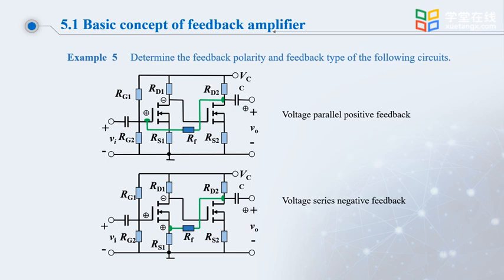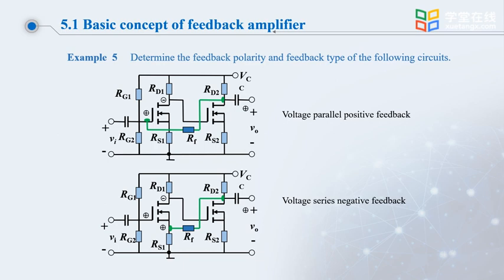Okay, let's look at this one below. Its feedback point has changed. Source pole of T12. So it is a voltage series feedback. We care about the effect of the potential at this point on the net input signal.